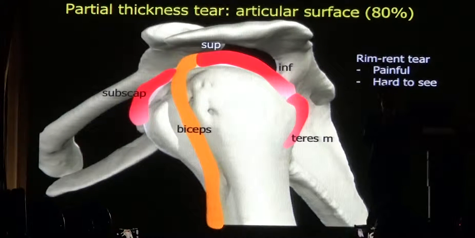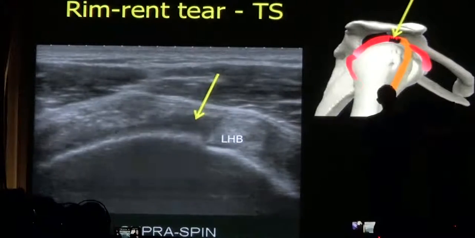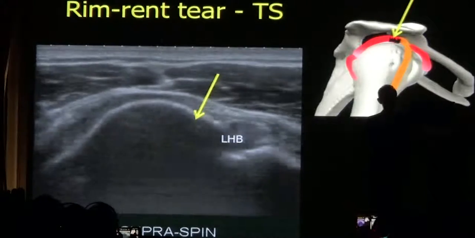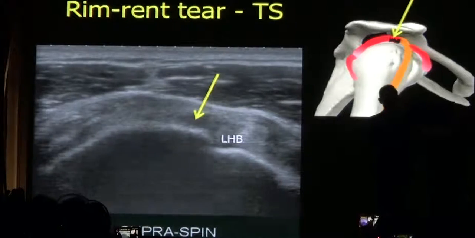In the other plane, when we're looking from the side of the shoulder, we know that most tears occur at the anterior leading edge of supraspinatus in this position that is shown on this diagram. And this is an example of an anterior leading edge tear, otherwise described as a rim rent tear.